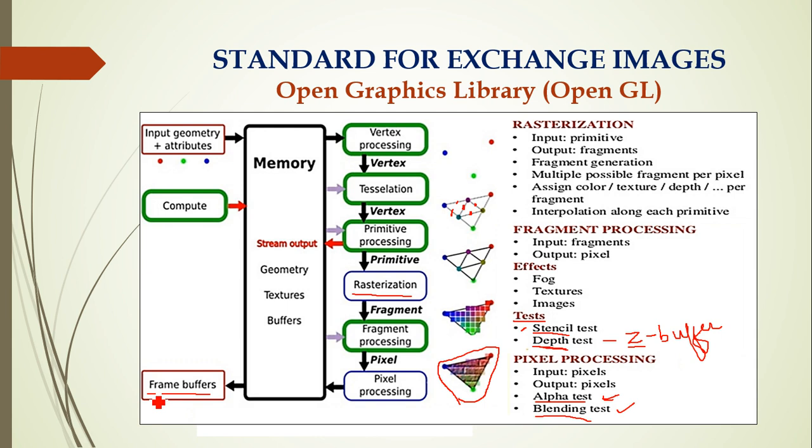For example, in computer animation and animation videos, take Tom and Jerry. In that cartoon, the cat runs from one position to another position, and in both positions it will have different gestures.